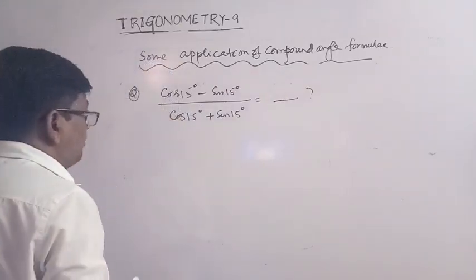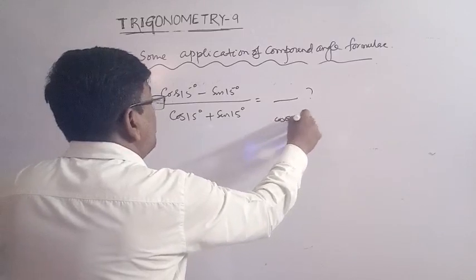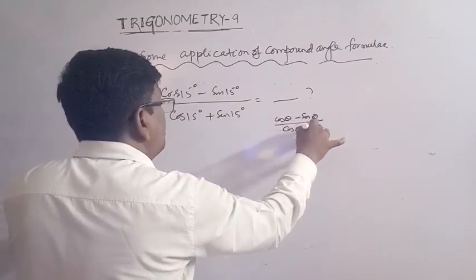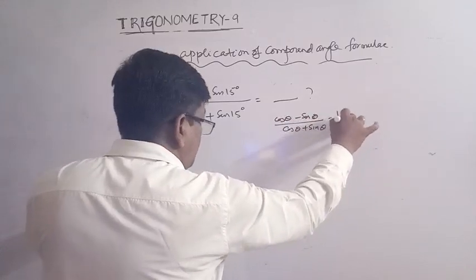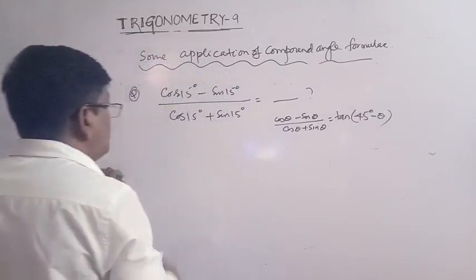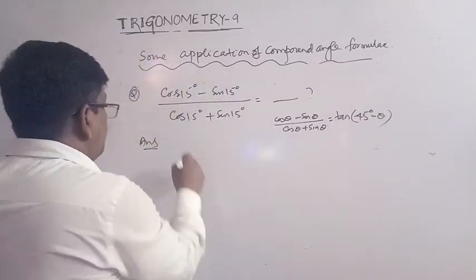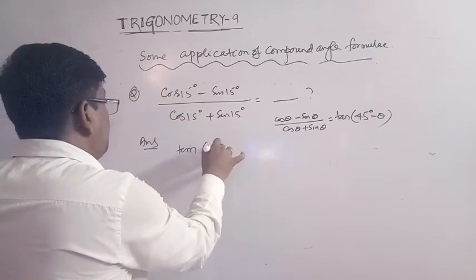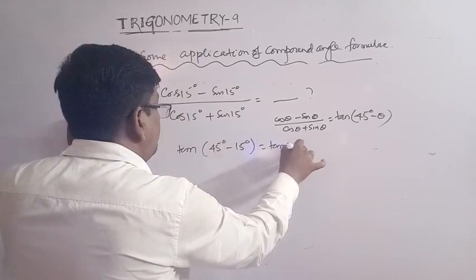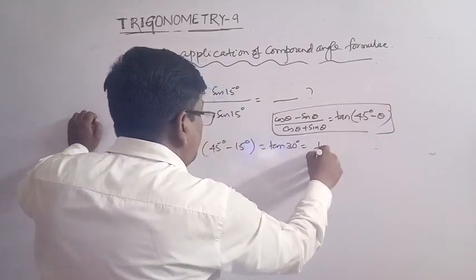According to the formula, (cos theta minus sin theta) divided by (cos theta plus sin theta) is equal to tan (45 degree minus theta). Here theta is equal to 15 degree. So this is equal to tan (45 degree minus 15 degree), which is tan 30 degree, that is 1 by root 3.